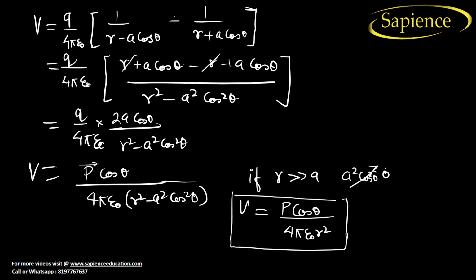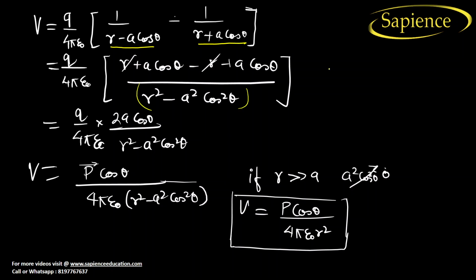Now let us go for R1 minus R2. The R1 is equal to R minus a cos theta and R2 is equal to R plus a cos theta. Now I won't teach how you get this. This is a very simple calculation, basic maths. You cross multiply and you will get this.